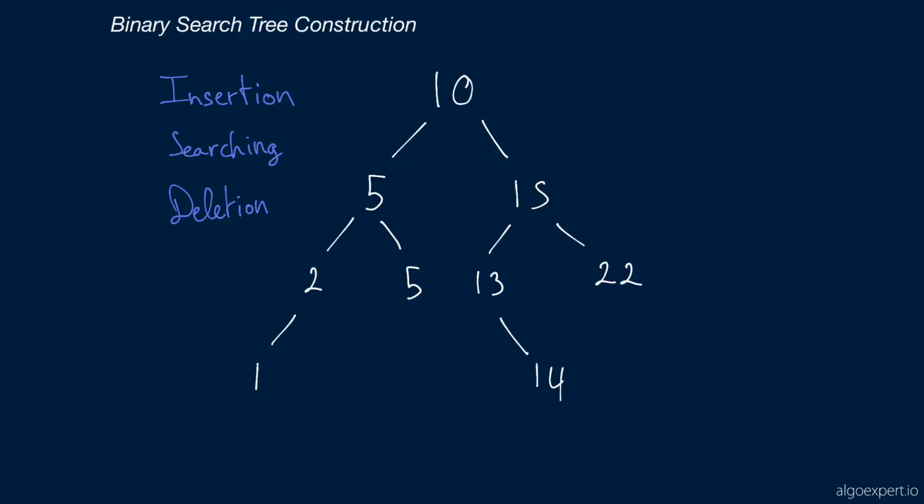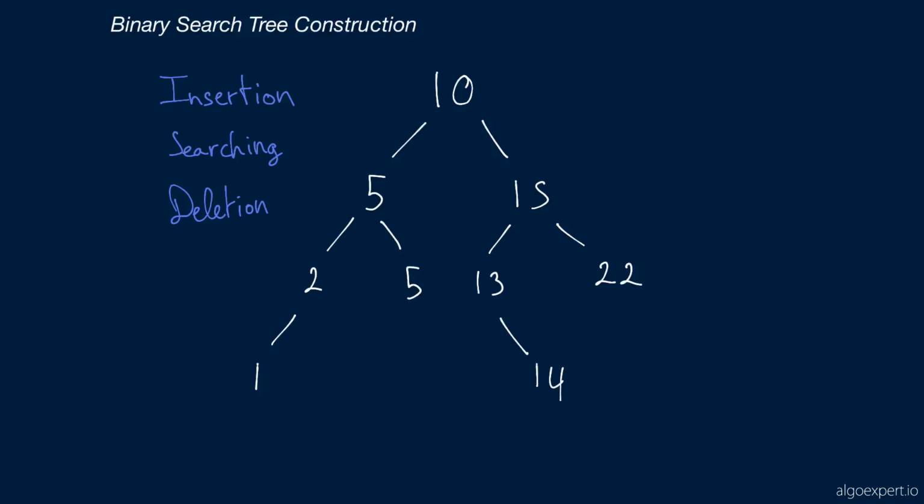But I will definitely say that deletion is the hardest of the three. In fact, deletion is a lot harder than insertion and searching, especially when it comes to the code implementation, just because there are a lot of edge cases to take care of. With that being said, let's dive into it and let's start with insertion.